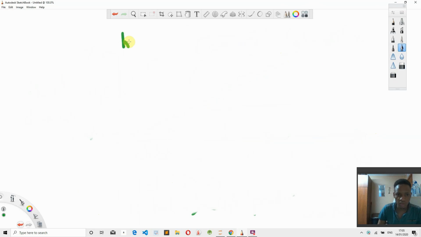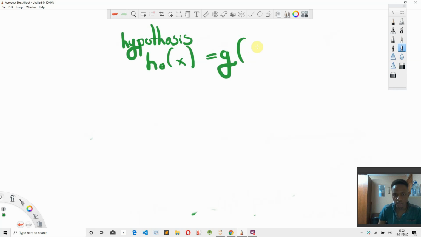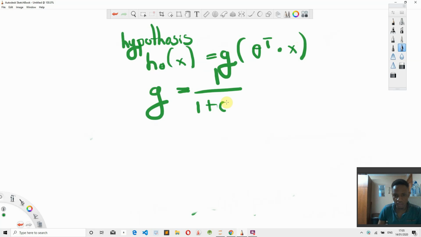The hypothesis for the logistic regression model is h theta of x equals g of theta transpose times x. In this case, g of z is equal to 1 over 1 plus e to the power negative z.